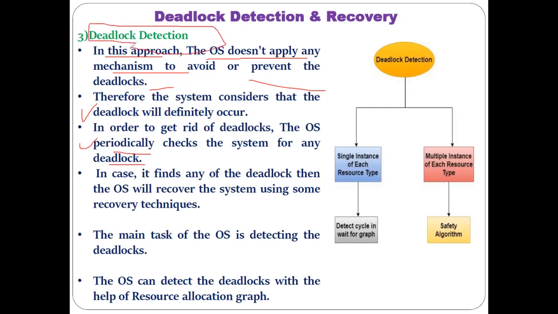In this case the operating system never tries to avoid or prevent the deadlock, but always checks whether a deadlock has happened, from time to time. If the operating system finds that a deadlock has occurred, then it applies the deadlock recovery techniques.